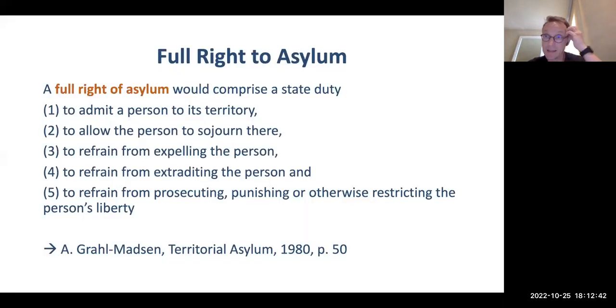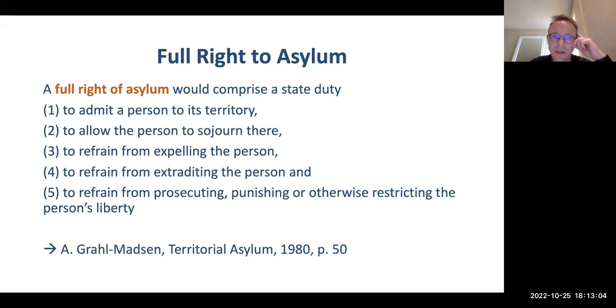I said that a full right of asylum would have to comprise different kinds of components, which unfortunately are not fully implemented in Europe, especially when we talk about the admission of persons to the territory.